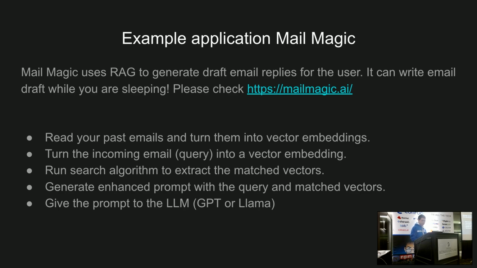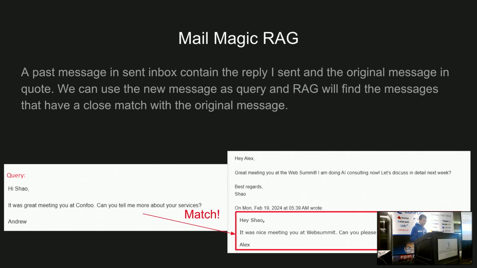So how does that work exactly over here? For example, on the left panel, let's say I receive an email after ConFoo saying, okay, nice meeting you, what do you do? Mail Magic would turn that into a vector embedding and look for similar messages in the past.